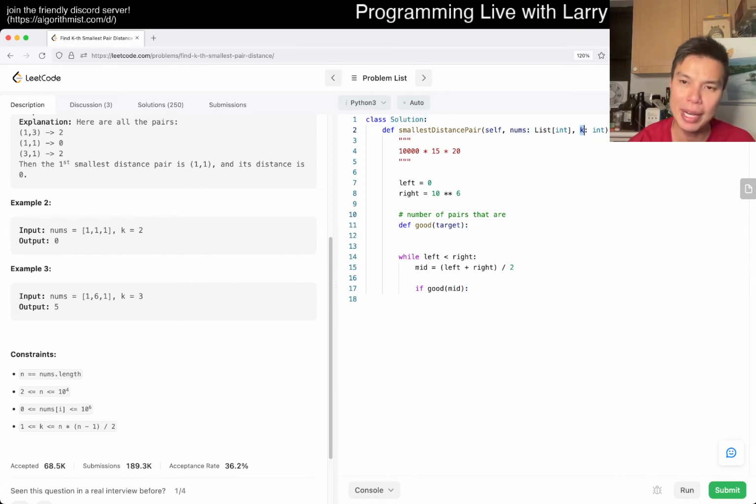K pair means that there are k minus one or more smaller, or given a certain answer, there are fewer than k pairs that are smaller.